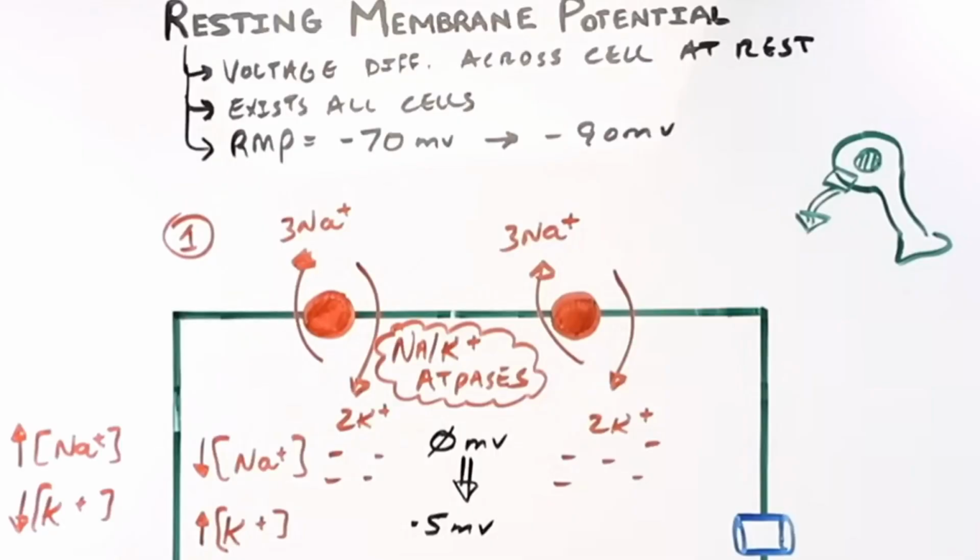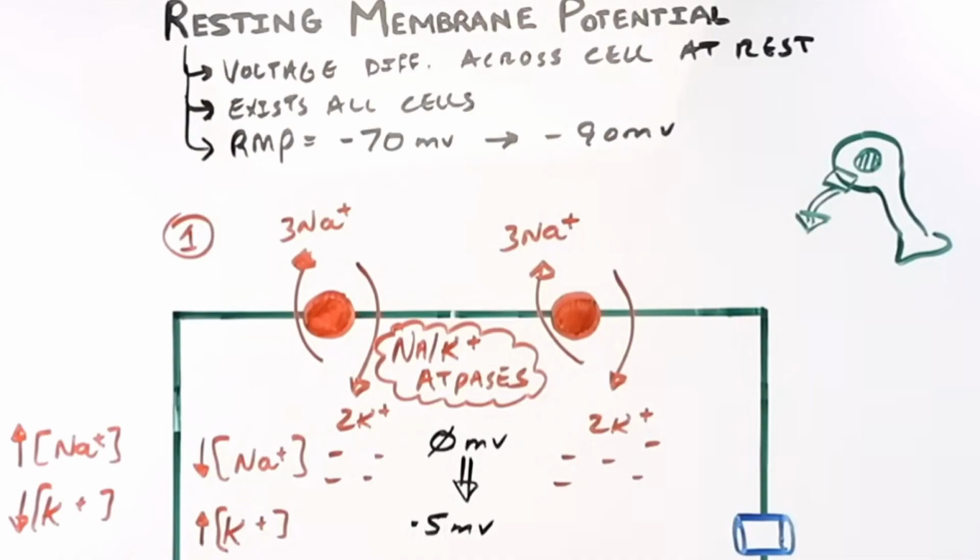So, first thing is that the resting membrane potential exists in all cells. We're speaking about neurons currently, but we should know generally that every cell in the body has an existing membrane potential between inside and outside the cell. Now, as we've mentioned, the resting membrane potential is the voltage difference across the cell at rest.